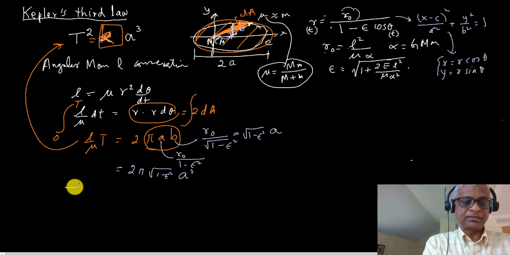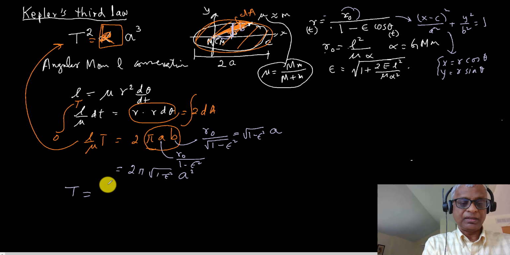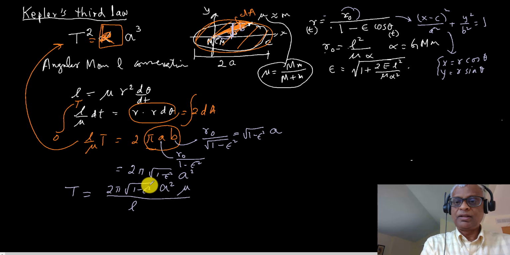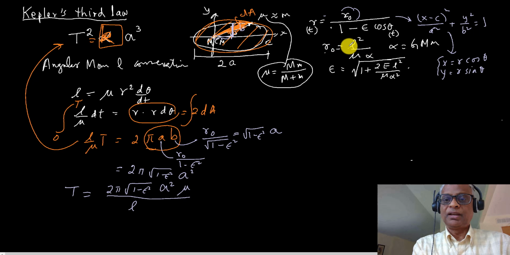And then we can convert this to T. T is equal to 2 pi, square root of 1 minus epsilon square, a square. Then there's a mu, and then there is L. Now L goes from here.